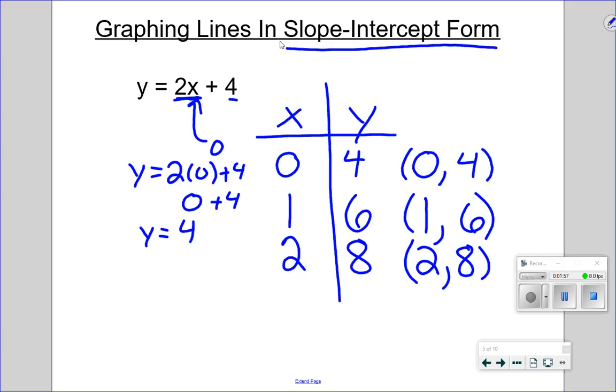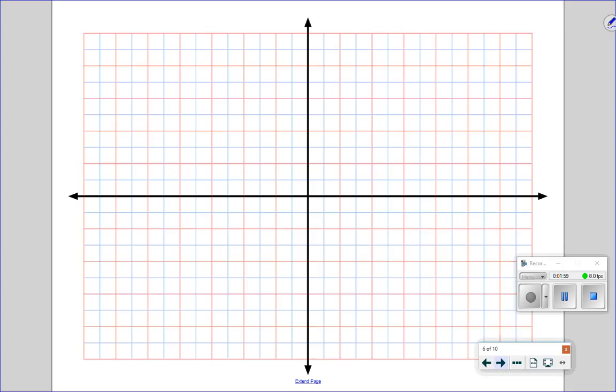So I'm going to go to this next page, and I'm going to show you on a graph. I'll recopy that same equation, 2x plus 4. And instead of making a t-table and plotting all those points, we're going to use the slope and the y-intercept. So if you remember, this should be review, but that number right there is the slope.